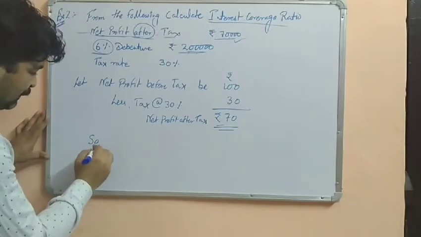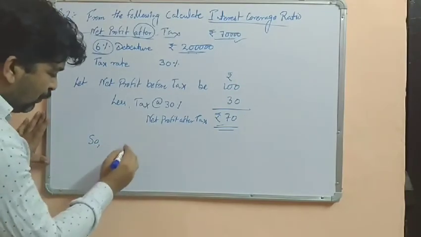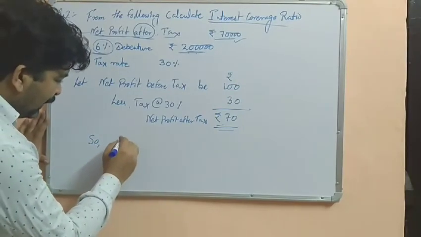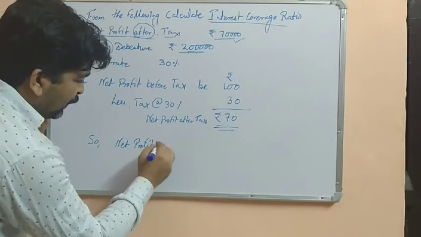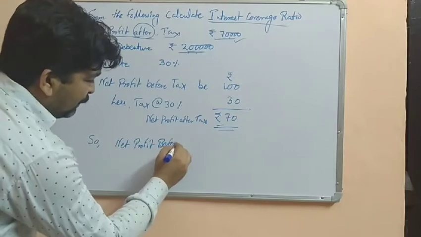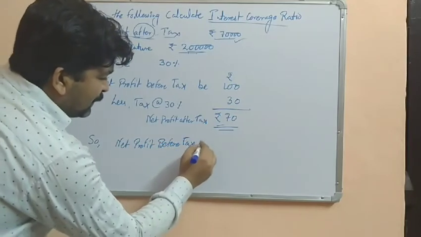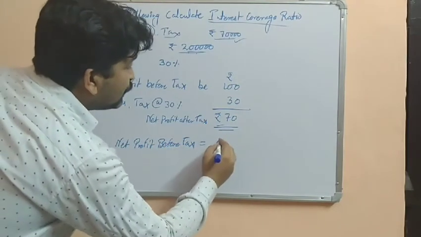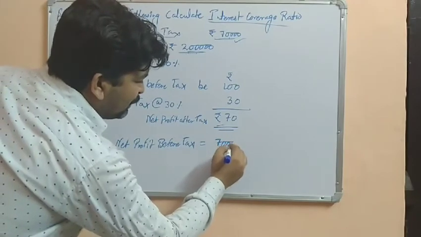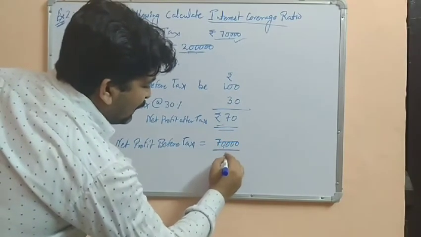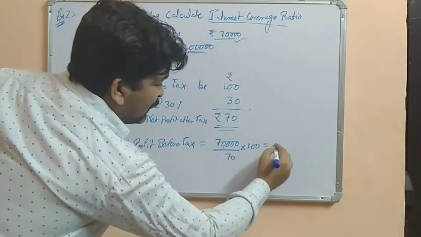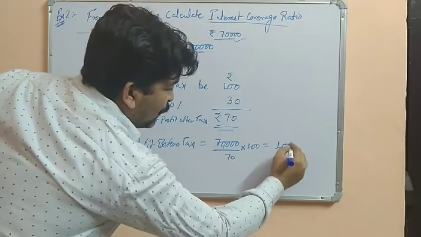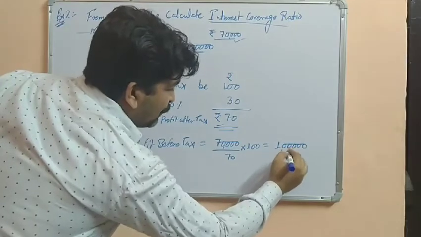So by putting this in the formula, net profit before tax equals 70,000 divided by 70 multiplied by 100. You will get 1 lakh rupees.